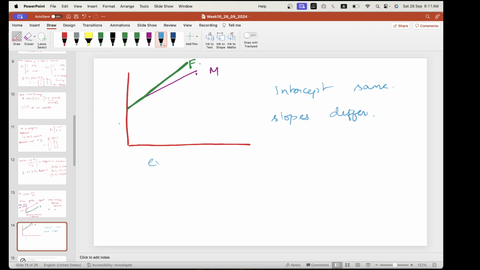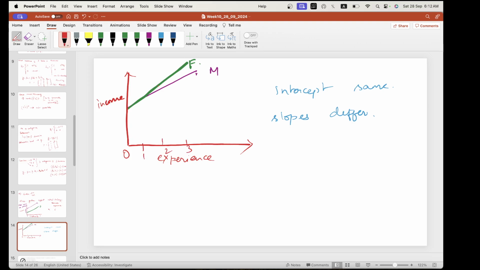We are plotting experience versus income. So this could be another situation where the intercepts remain the same, that is, the initial salary on joining remains the same, but the slope differs as experience increases.